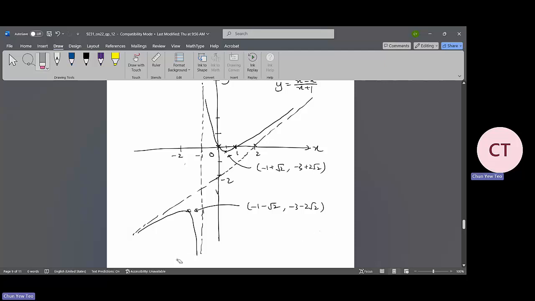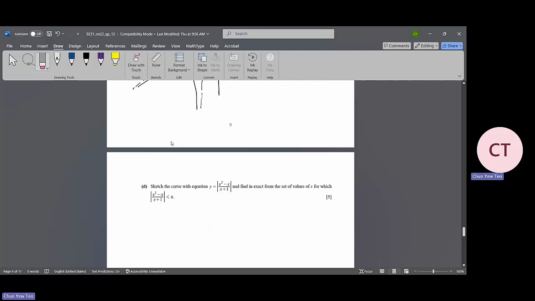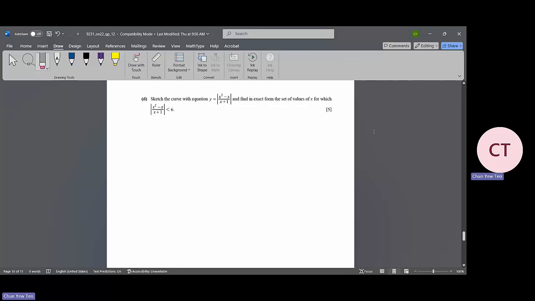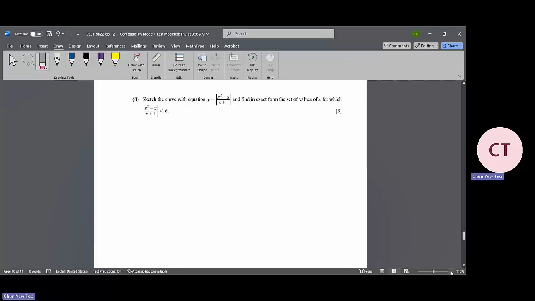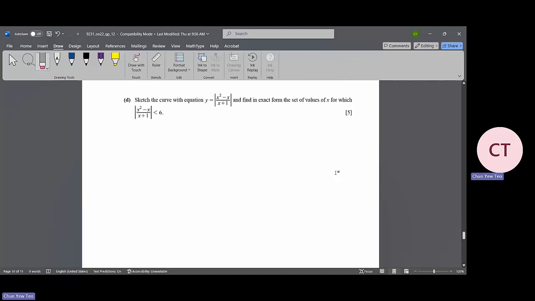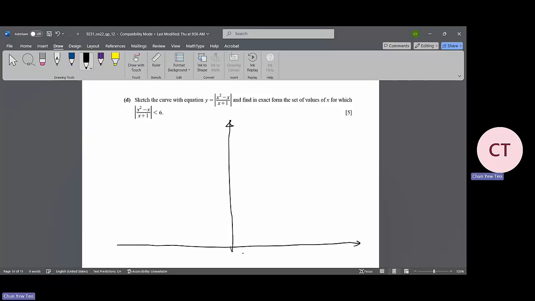I just redraw it again. We need to draw it carefully. Because over here I draw freehand, I'm not able to have a proper scale, but in the exam you can have a proper scale. So you try to sketch the graph properly.